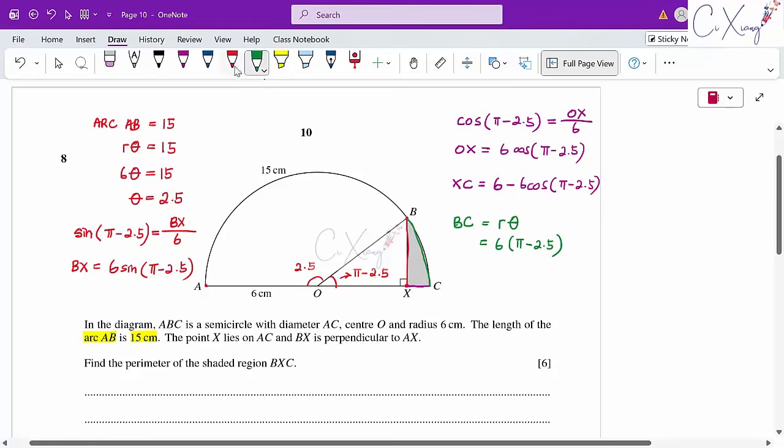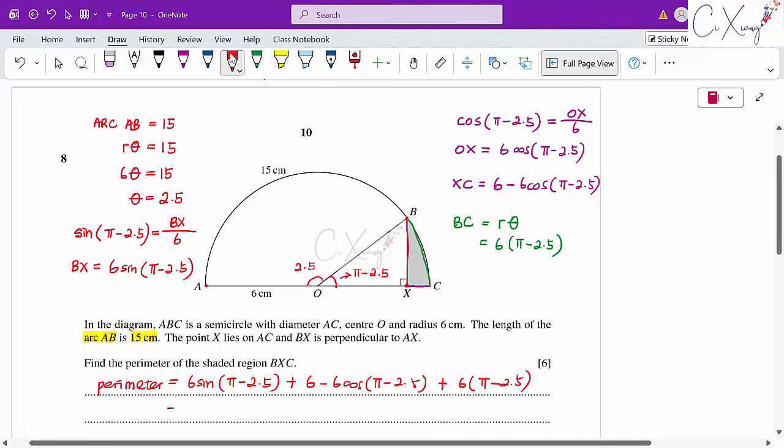And now to get the perimeter, I just need to add them together. So the perimeter that I have here should be 6 sine (pi minus 2.5), then plus the length for XC, which is 6 minus 6 cos (pi minus 2.5), and after that, the length for BC, which is 6 multiplied by (pi minus 2.5).